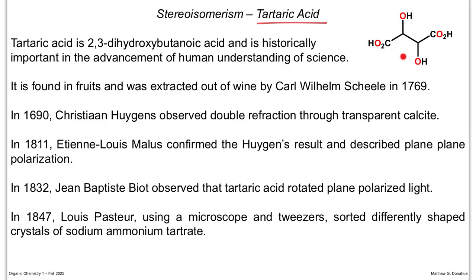And I think this gives a little bit more historical relevance to the evolution of the stuff in your textbook. In 1769, it was isolated and extracted by Scheele from fruits and basically during the fermentation or production of wine. So, throughout human history and trying to figure things out, what are we eating and drinking?